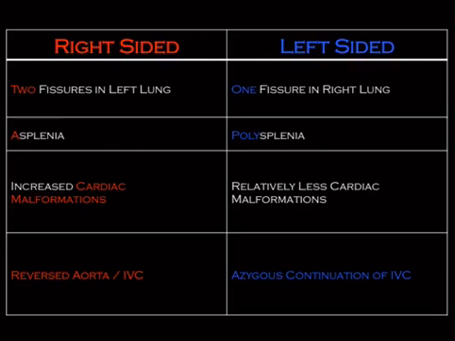Asplenia is associated with cardiac malformations. And then there's less on the left, and then reversal of the aorta and the IVC with asplenia, and azygous continuation of the IVC with left-sided polysplenia.